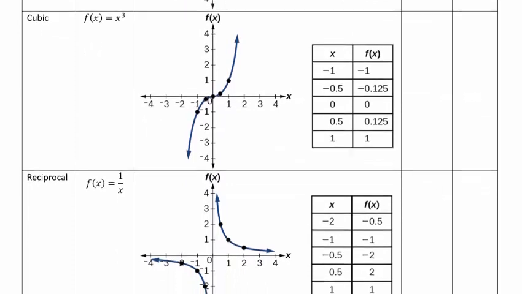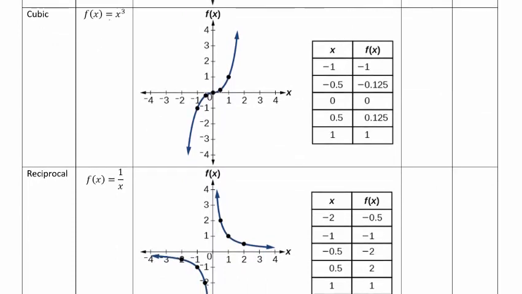Okay, the cubic function is next, which is of the form f of x equals x cubed. And you can see that the shape of the graph is still a curve, but it definitely looks different than the quadratic, in that here we have some points like 1, 1, and I don't have any points in quadrant 2 or quadrant 4, but I do have some points in quadrant 3, and so the opposite of each of those values, if we have a 1, 1, then we have negative 1, negative 1.